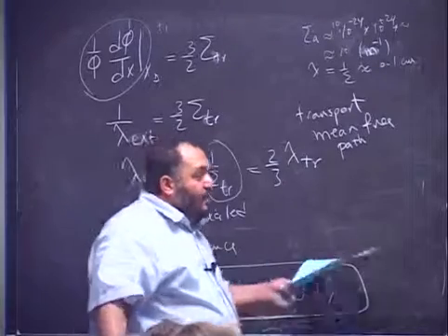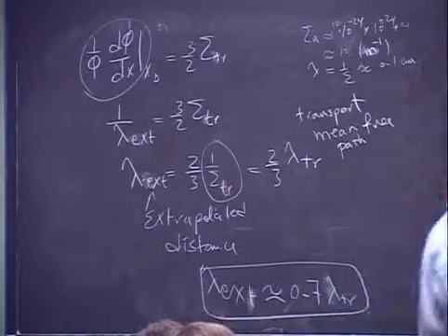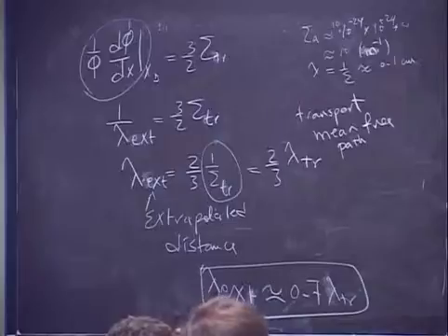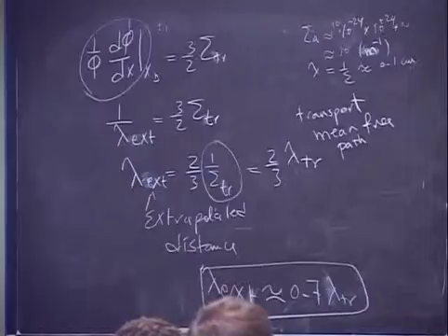So just before I finish, what do you think? Is the diffusion equation exact, or is there an assumption in the derivation? What assumption do you think we made in deriving this equation?